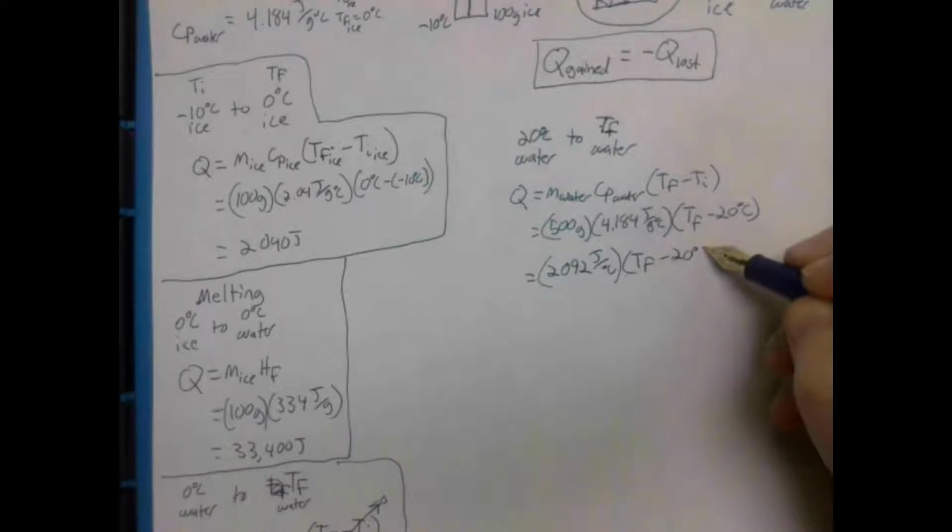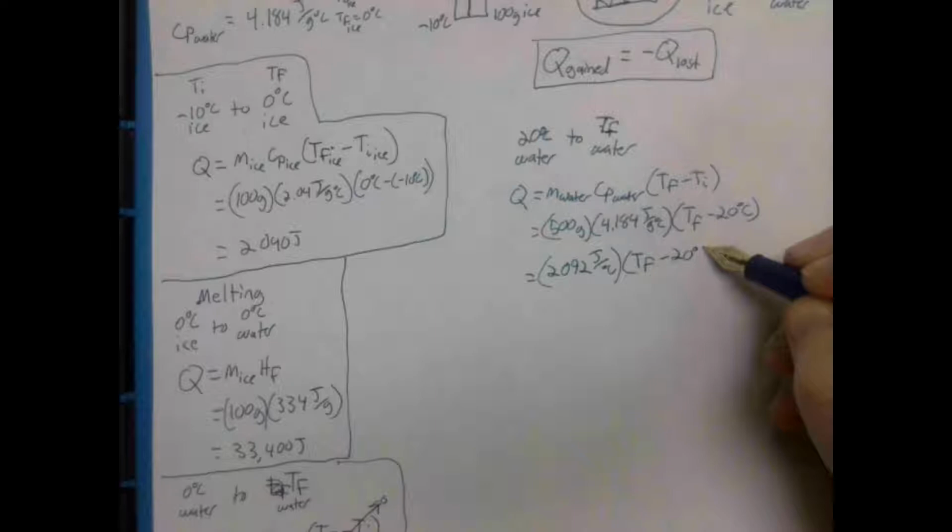And then we're going to FOIL this times that. So 2092 joules per degree Celsius times Tf. And then this times this. So minus 41840. The degrees Celsius and the degrees Celsius cancel out, so we get joules.